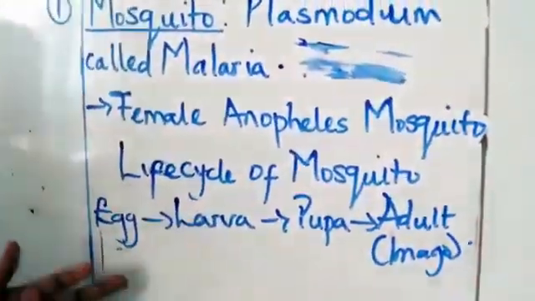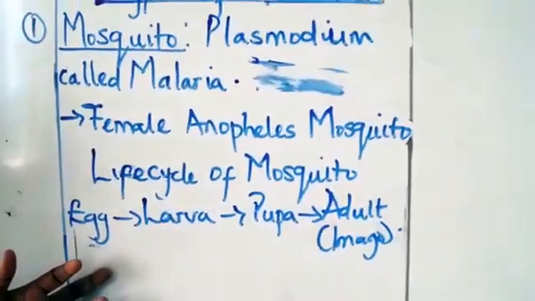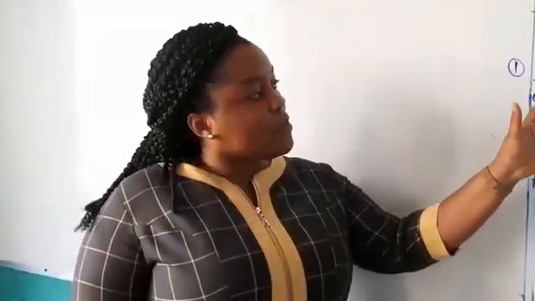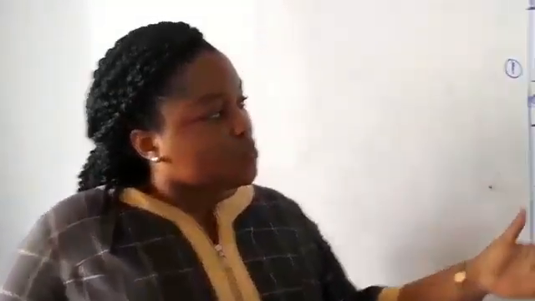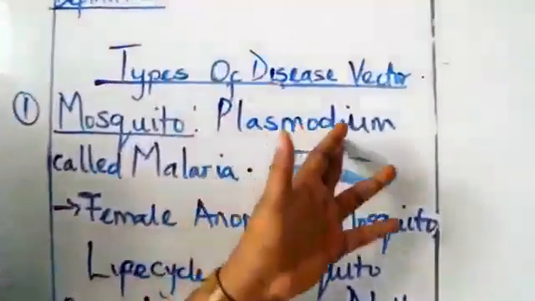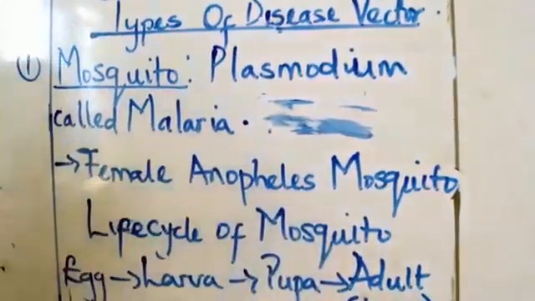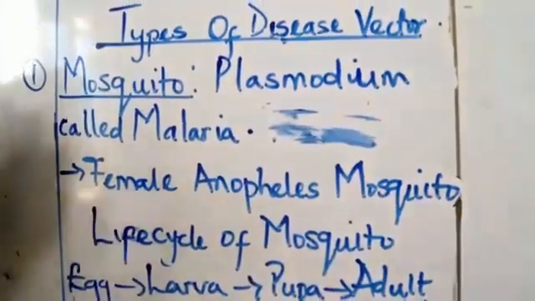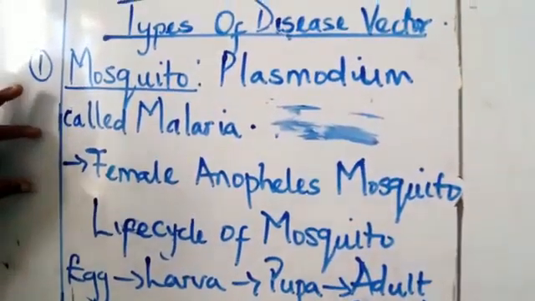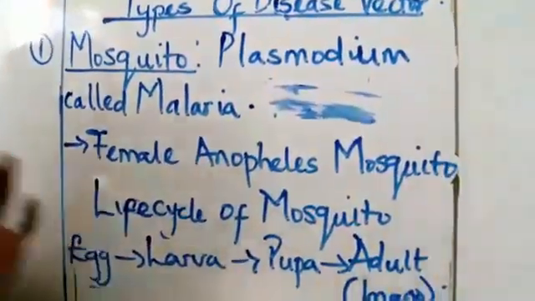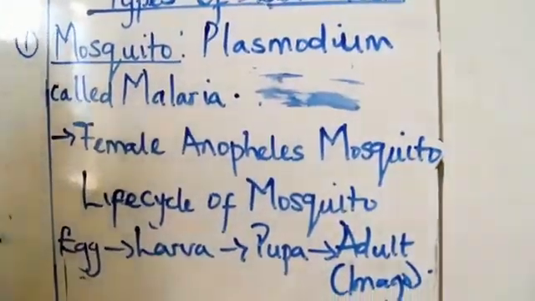This is a typical life cycle of a mosquito, which makes us understand that mosquito undergoes a complete metamorphosis. So invariably, we are saying mosquito is a vector that transmits Plasmodium, which we know as malaria. And the specific insect that transmits this Plasmodium is the female Anopheles mosquito, not the male.